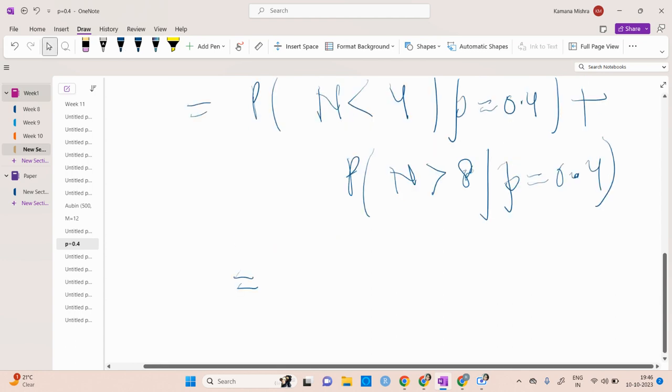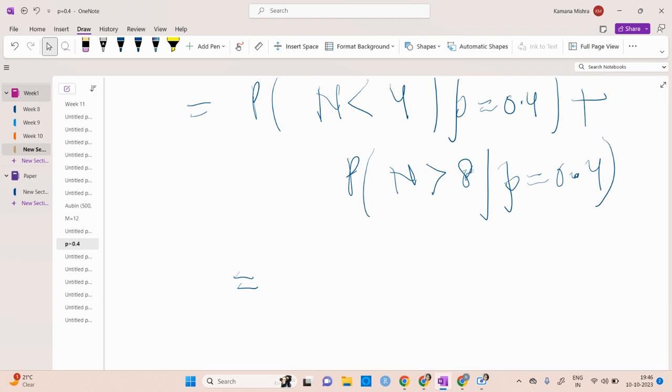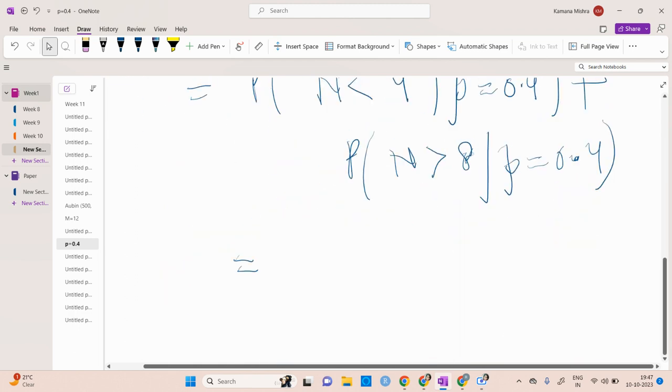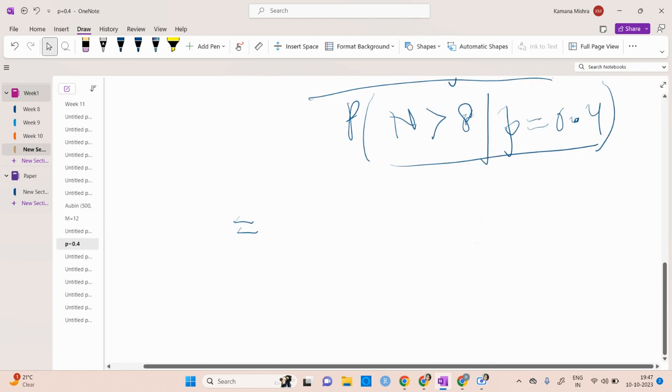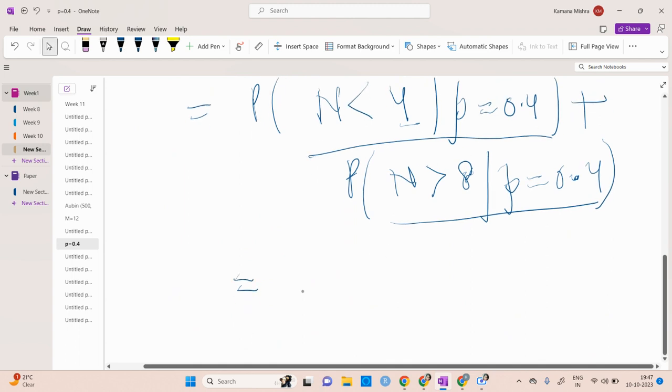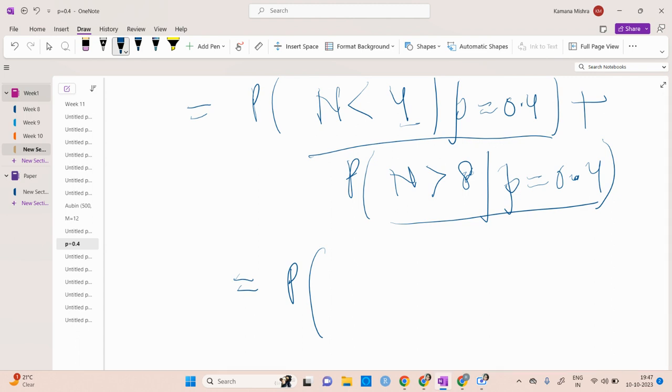Now you can see that it is again a binomial distribution, right? So n is 20, and p is 0.4. So you can now find this one and this one. Let's say p minus p1.